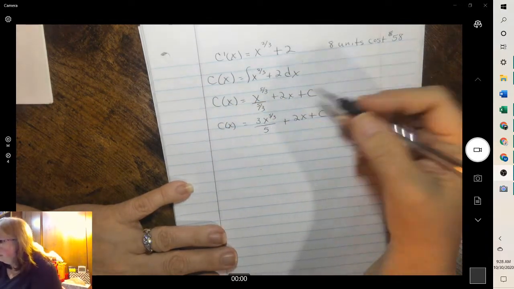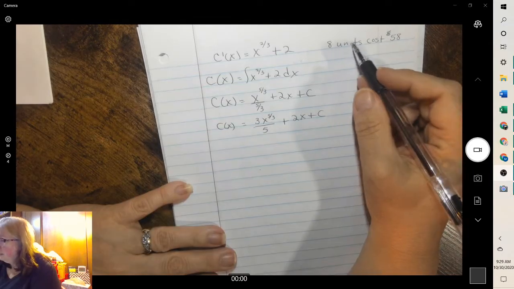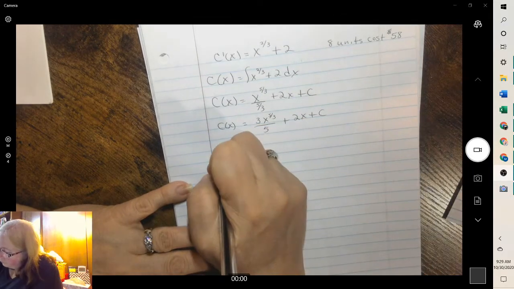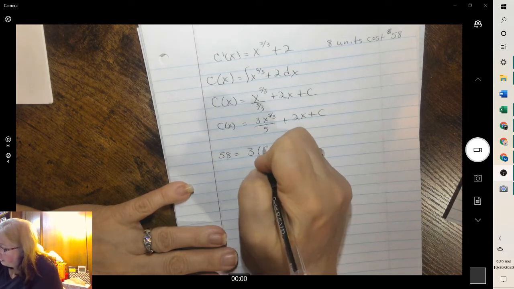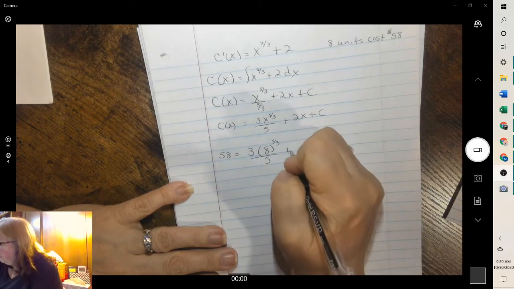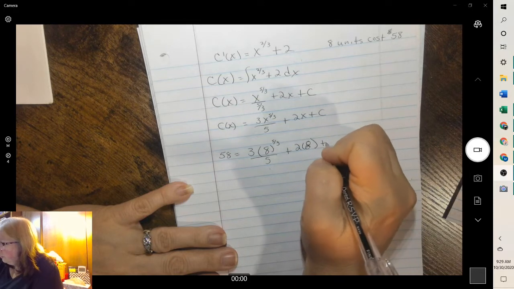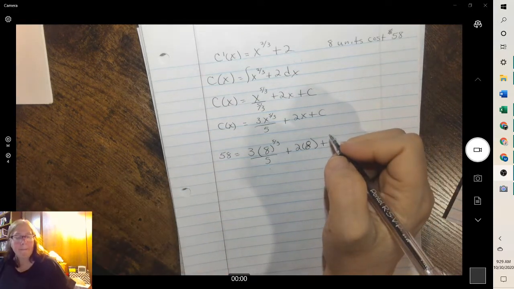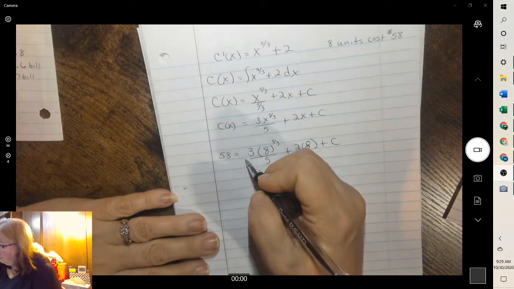Then we're going to plug in to find the value. It says when there's 8 units, the cost is 58. So 58 equals 3 times 8 to the 5/3 over 5 plus 2 times 8 plus C. So we can calculate all of this.